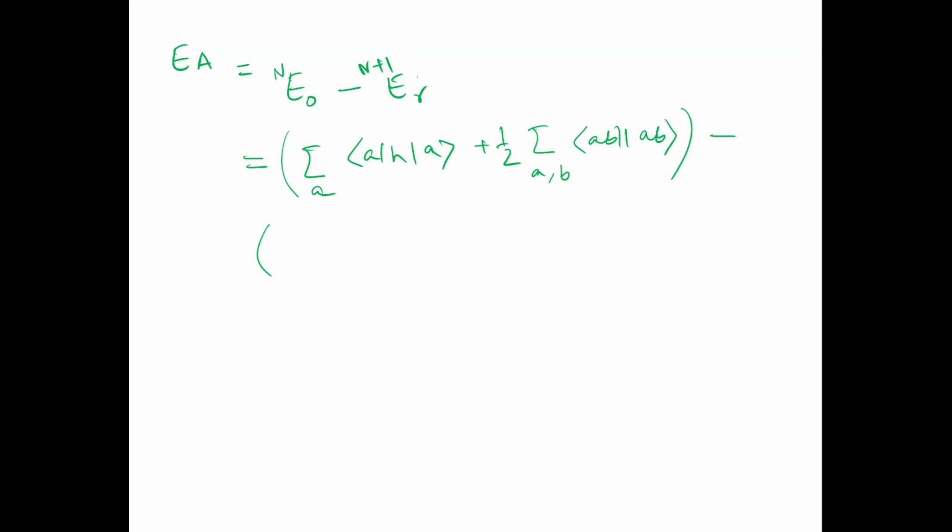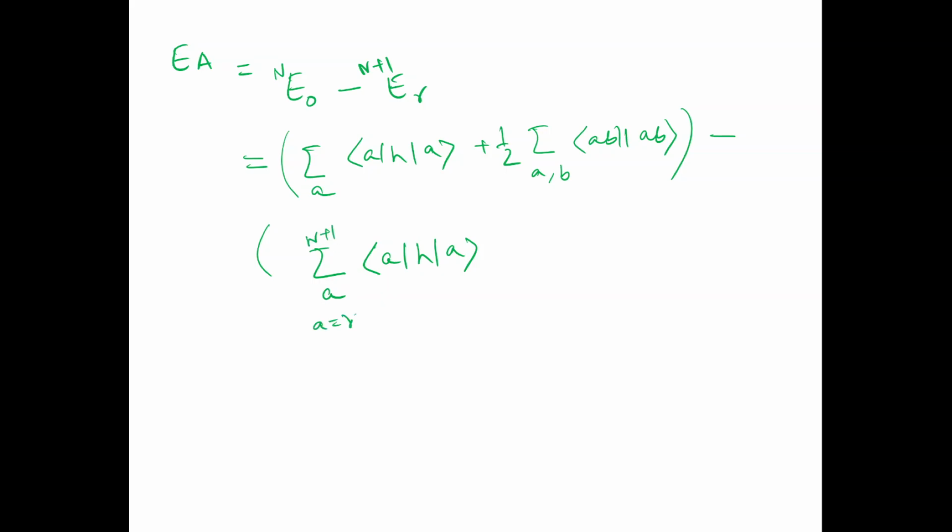Now let's write down the Hartree-Fock energy for this ER, where your number of electrons is n plus 1. So now your A goes from 1 to n plus 1 actually.